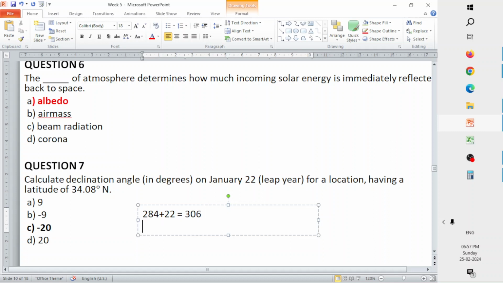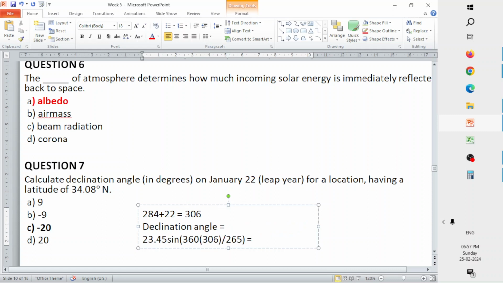So let me just write: declination angle is equal to 23.45 sine of 360 into (284 plus n), where I am taking n as 22, so 306, divided by 365.